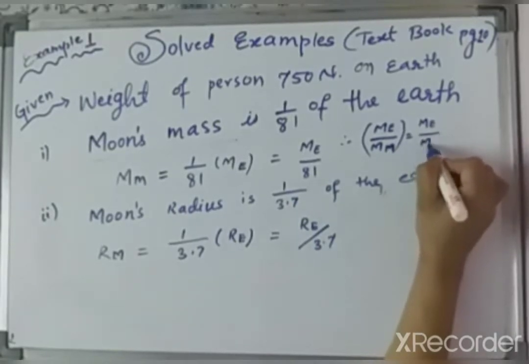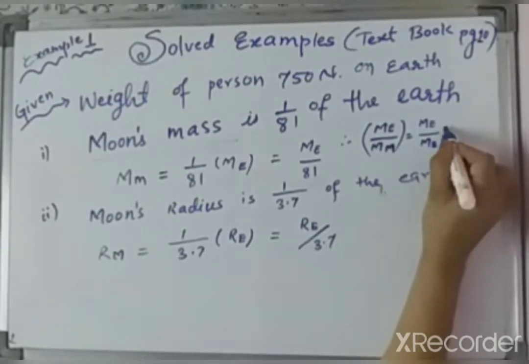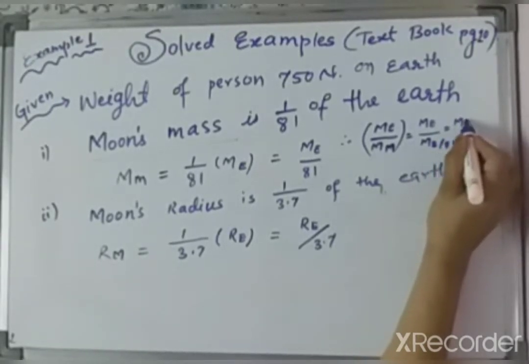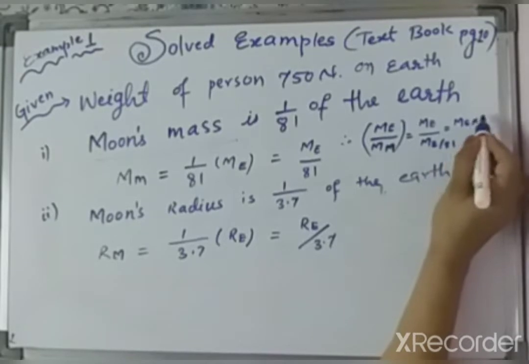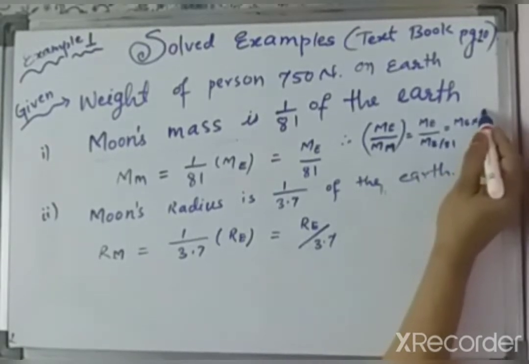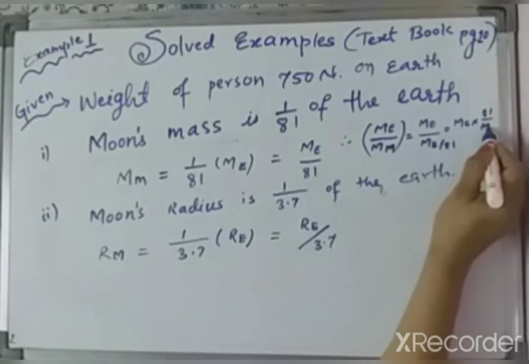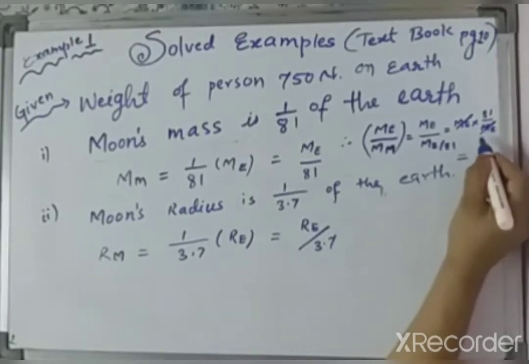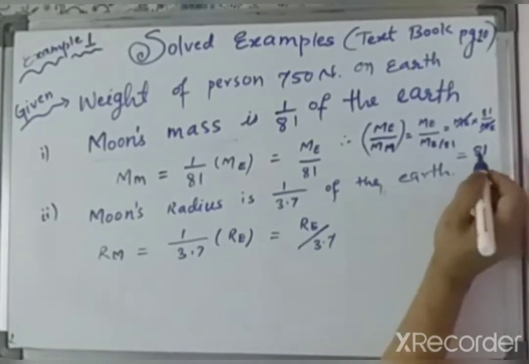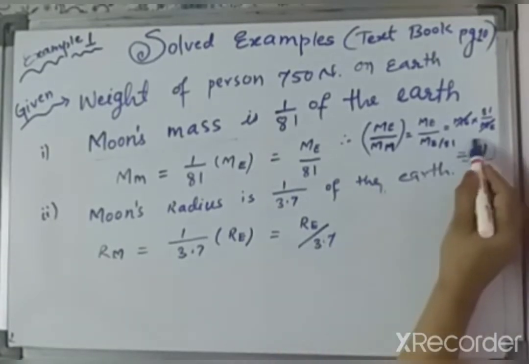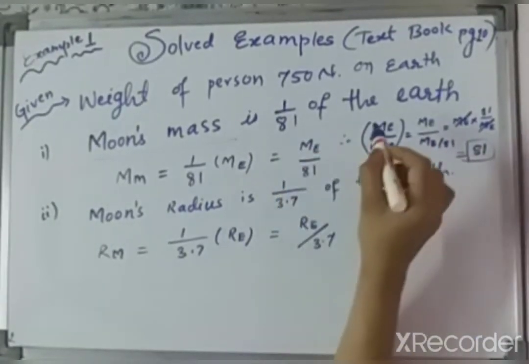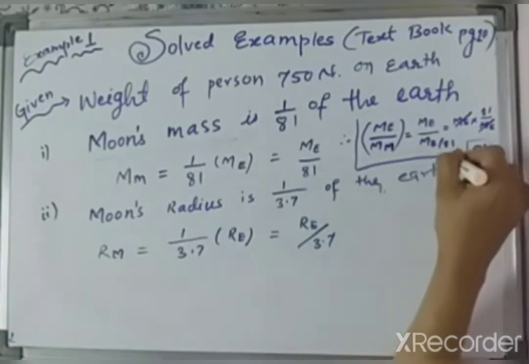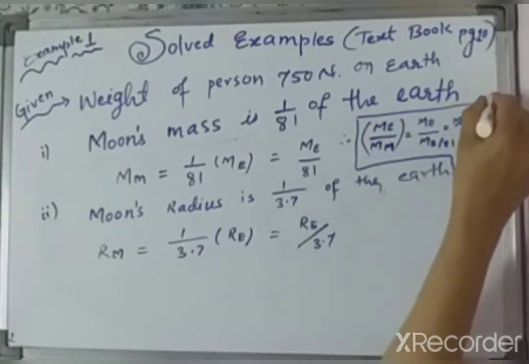Me by 81. Division will convert into multiplication: Me upon 81 will become 81 upon Me. These like terms get divided. What will remain? Only 81. Already the value of this ratio is given in your textbook. How did this step come?